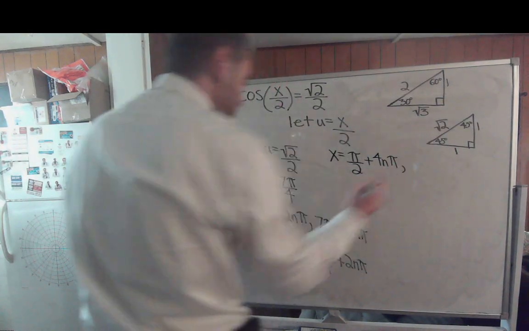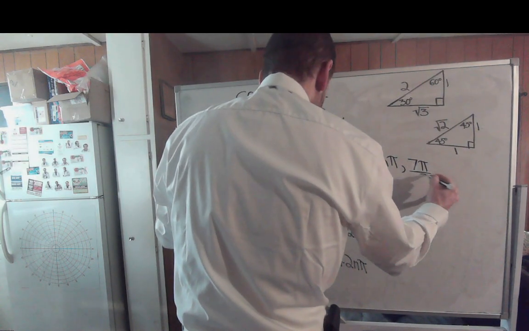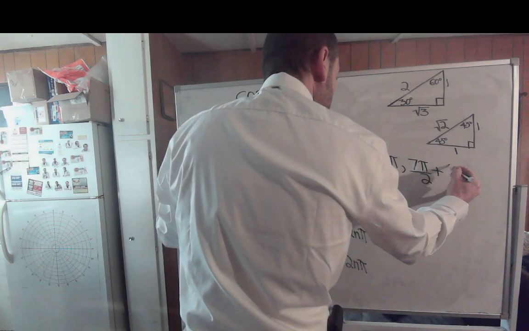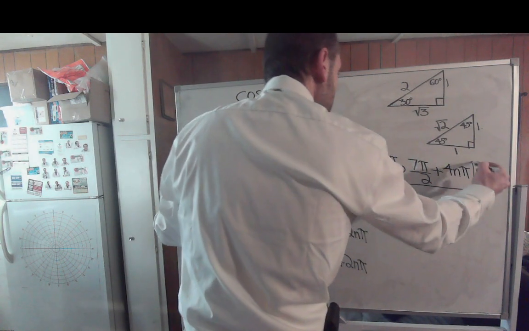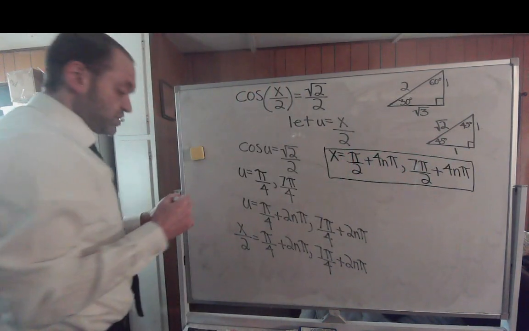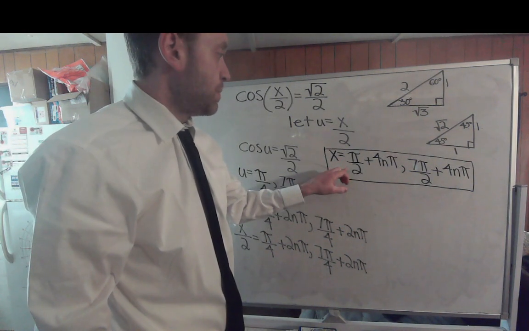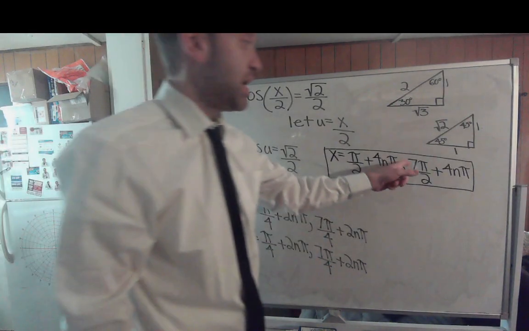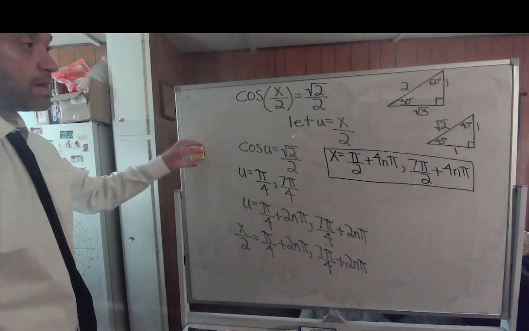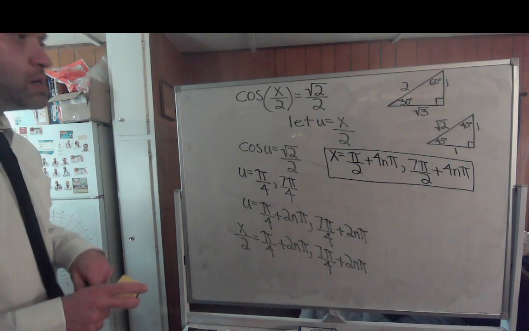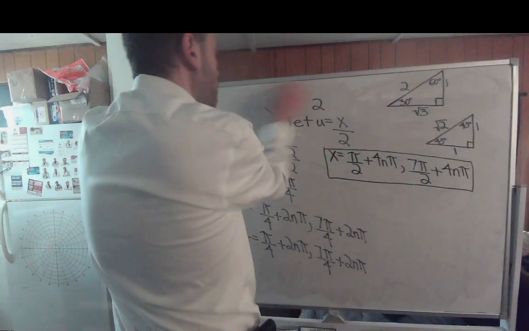And then you'll have it again at 7 pi over 2 plus 4n pi. So x would equal pi over 2 plus 4n pi, and then 7 pi over 2 plus 4n pi. All right. Should be one more linear.